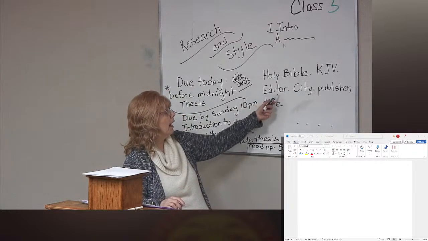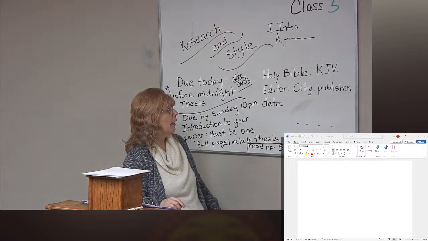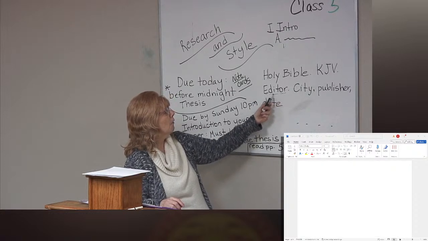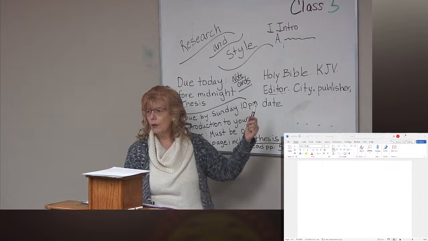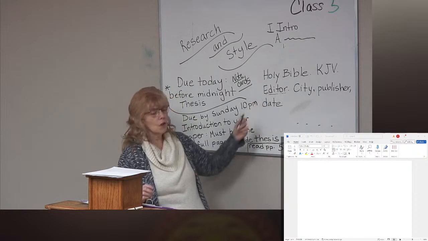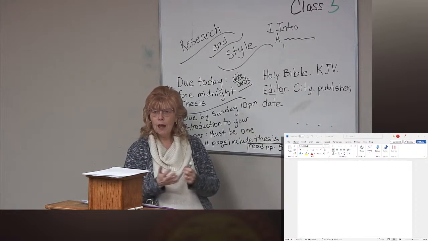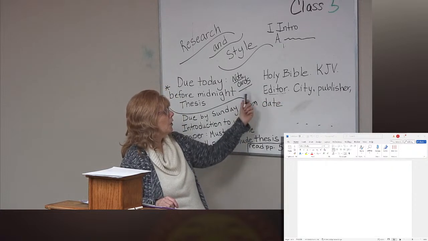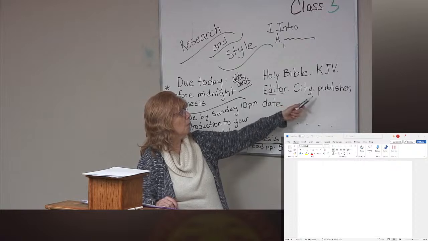Right here will be the editor. If you can't find the editor, then you can skip that. But you're not writing the name of any of the authors of the books that you used. You're just writing the editor as you look in the front cover and find the editor. And then you put a period. If it's not there, just skip it and go on to the city and publisher.